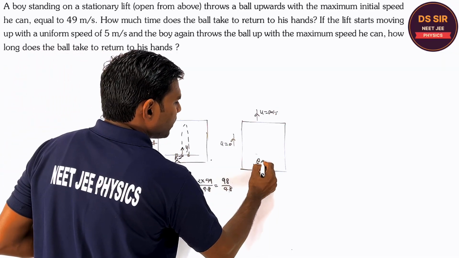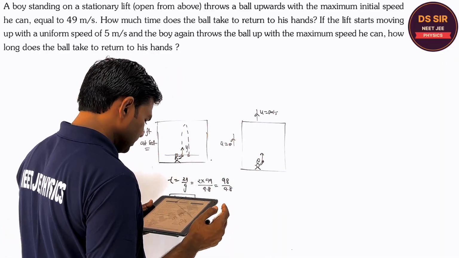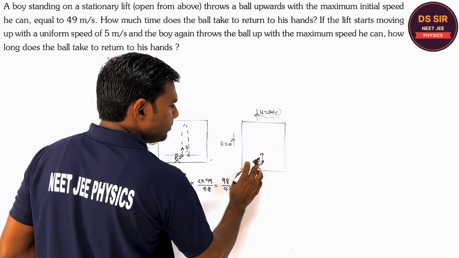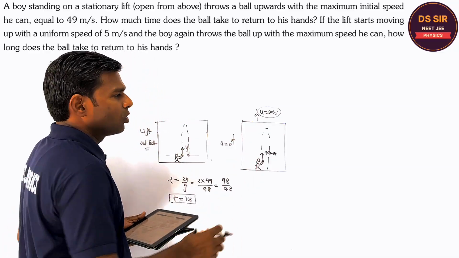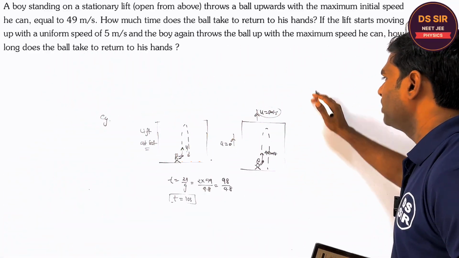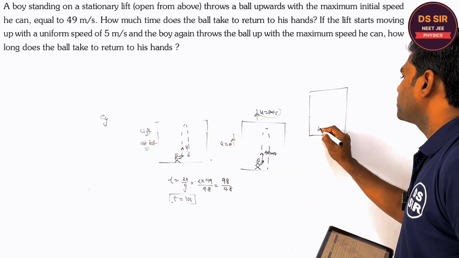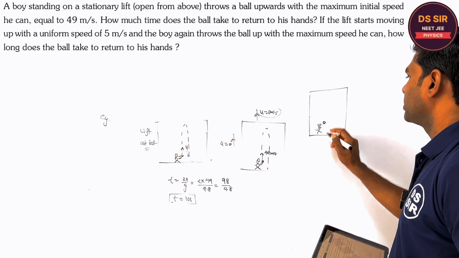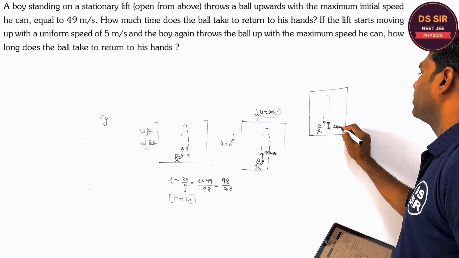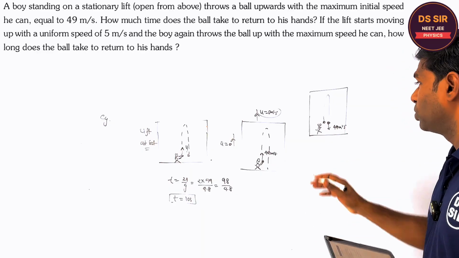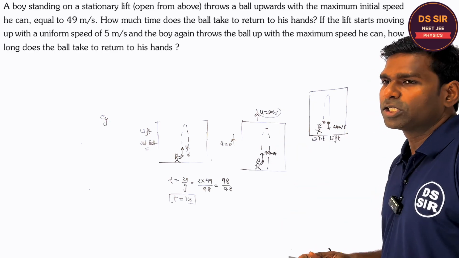With respect to the lift, when you throw the ball, the speed of the lift is 5 meter per second, but with respect to the lift, it is thrown with the same speed. Are you getting or not? Although after some time the lift will move up some distance, with respect to the lift the speed will be this, and now the ball comes to his hand at 49 meter per second, the same speed with respect to the lift. With respect to the lift, there is no change in throwing this ball, right?